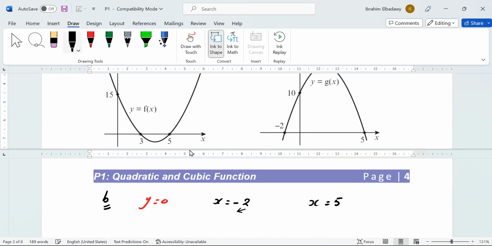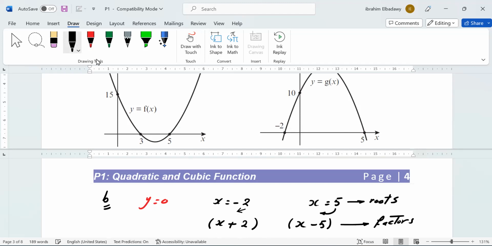Take negative 2 to the other side. It will be x plus 2 and x minus 5. The first line is the roots. The second line is the factors. Multiply the factors together and simplify.